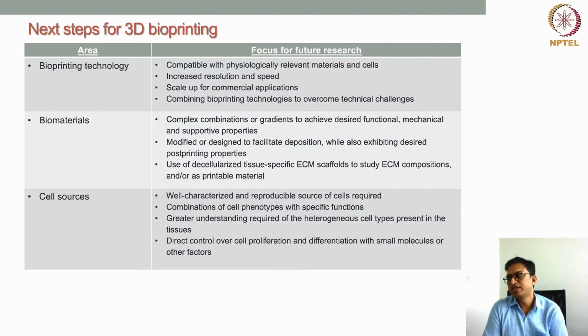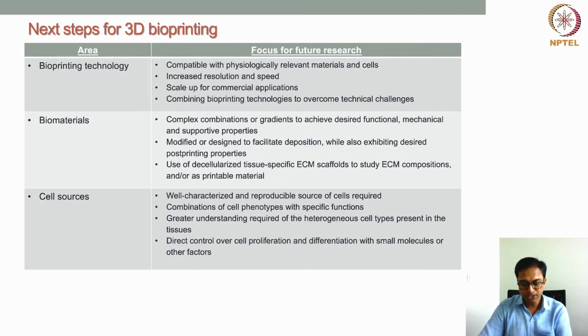Suppose we want to create a hierarchy or a gradient, the deposition process can help us do that. So post-printing properties can be tuned, and here 4D bioprinting can also come into play, as we have discussed earlier.